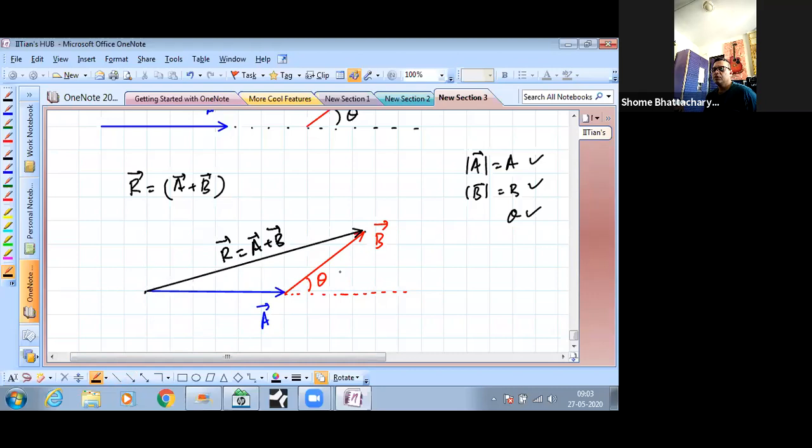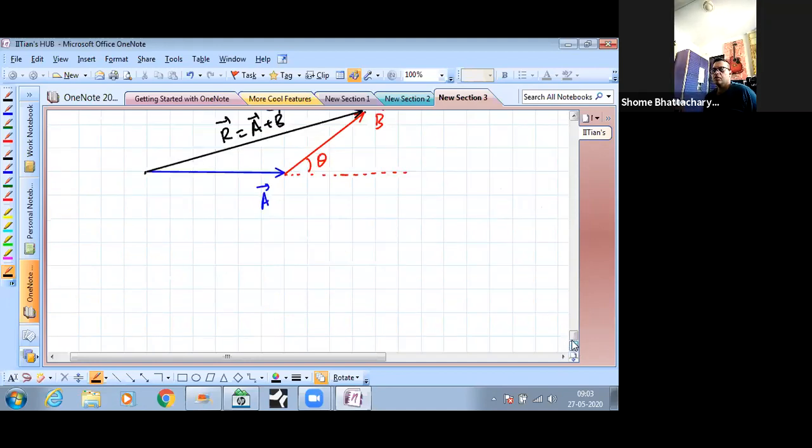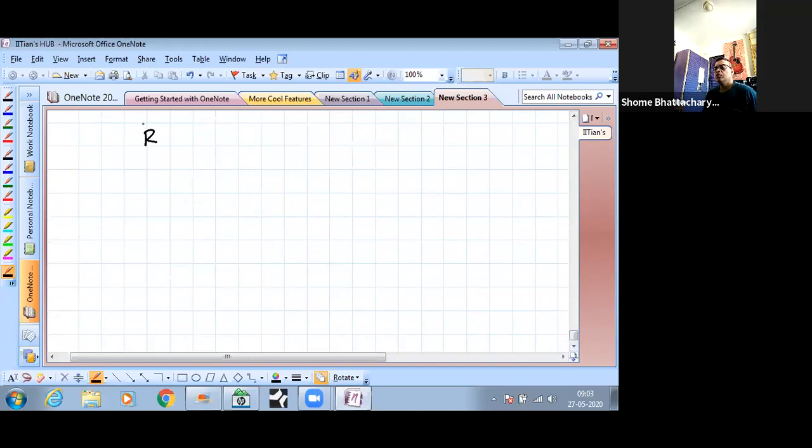Okay. So now we will use a combination of trigonometry and Pythagoras theorem to find the magnitude of R. So next what we will do is within this triangle, this quantity becomes the length of the third side of the triangle.